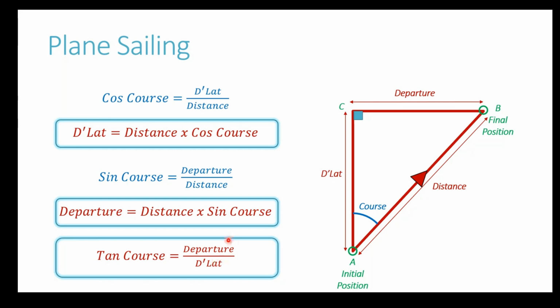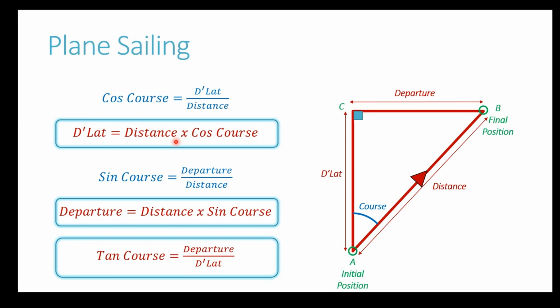With departure and d lat, you can apply the tan course formula and it will immediately give you the course being followed. Once the course is known, you can go to formula number 1. You can put the course here, you can put the d lat value here, and you can easily calculate what is the distance between the two positions.